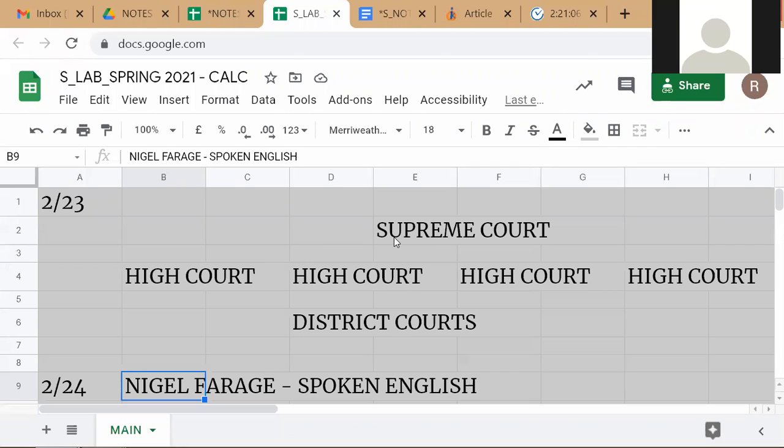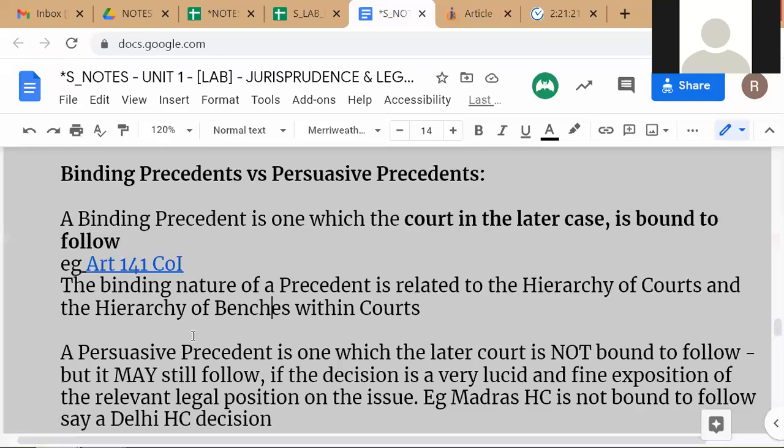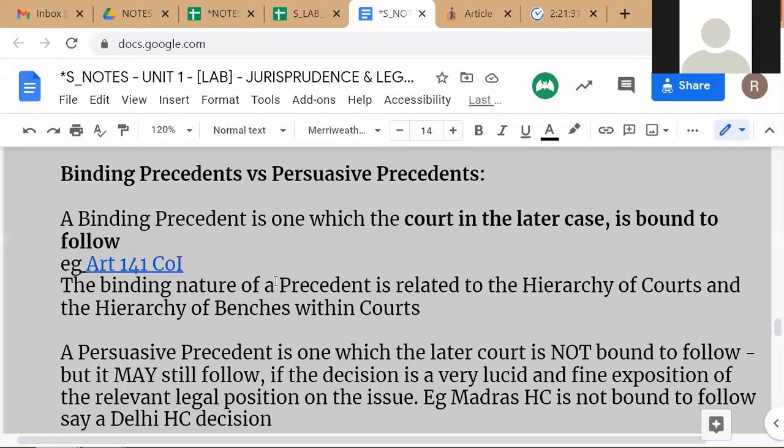Number two, it is a case of a binding precedent, because as we see in Article 141, the law declared by the SC will be binding on all the courts. So we can use both those terms for a Supreme Court decision.